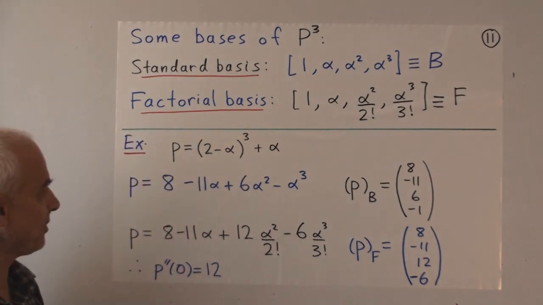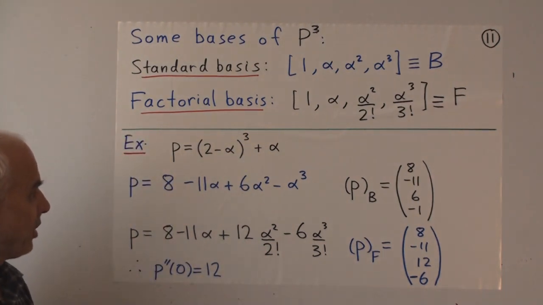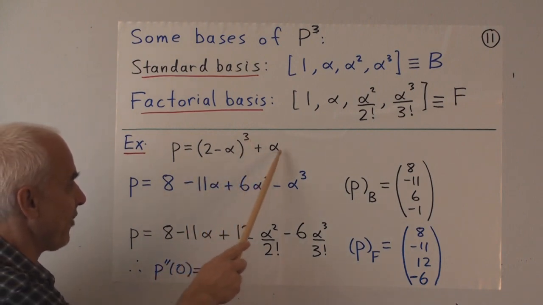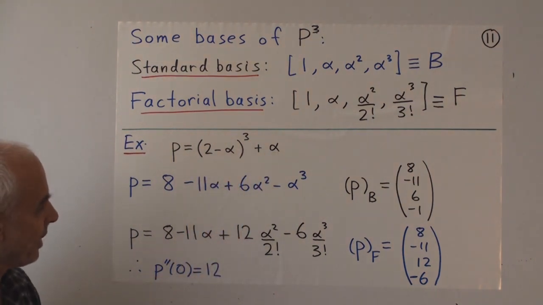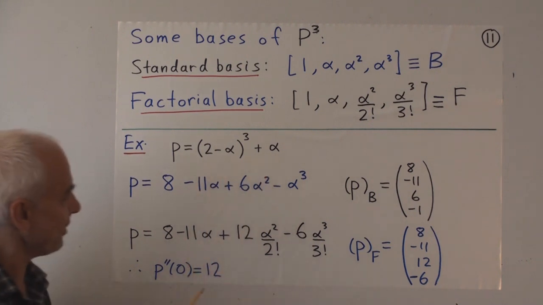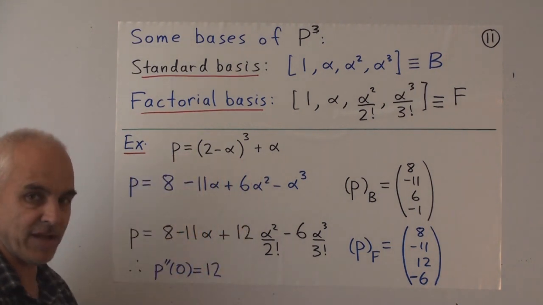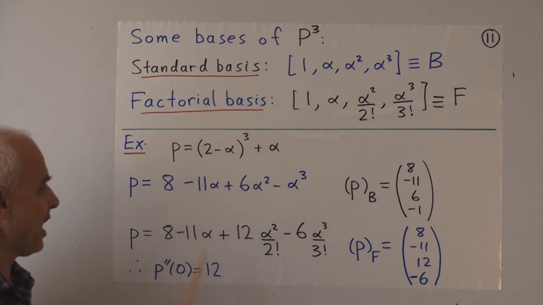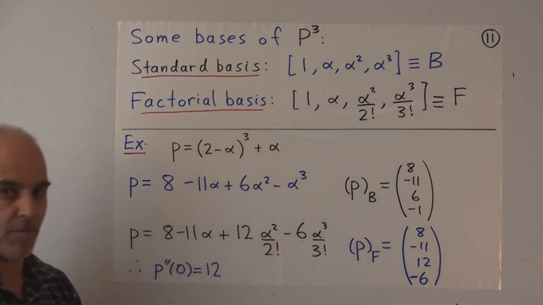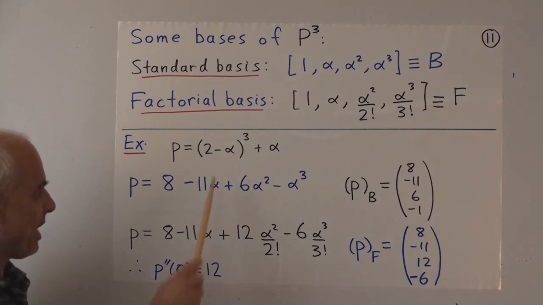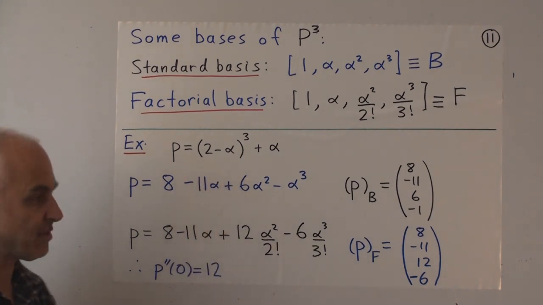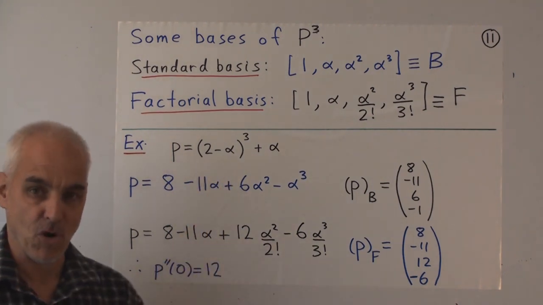So for example, this polynomial P, 2 minus alpha cubed plus alpha, well, it's not exactly a polynomial in the standard form right now, but we can easily take this expression and expand it out to get a polynomial in the standard form. So please make sure that you know how to expand something like this out using the binomial theorem.